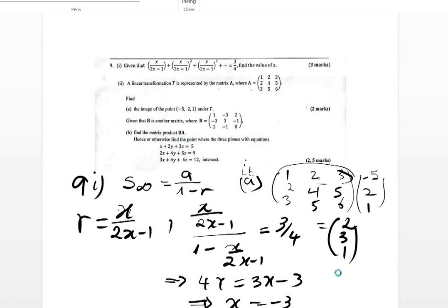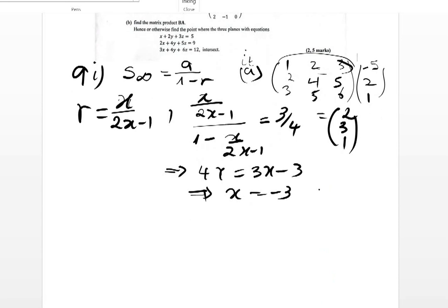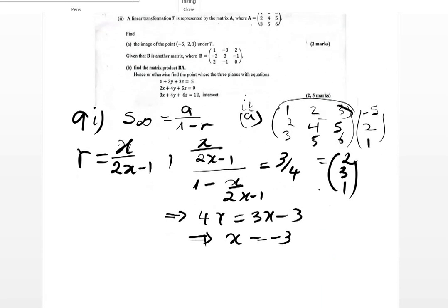Now we are given another matrix B. Find the matrix product BA. Okay, find the matrix product BA, that's Roman 2b.